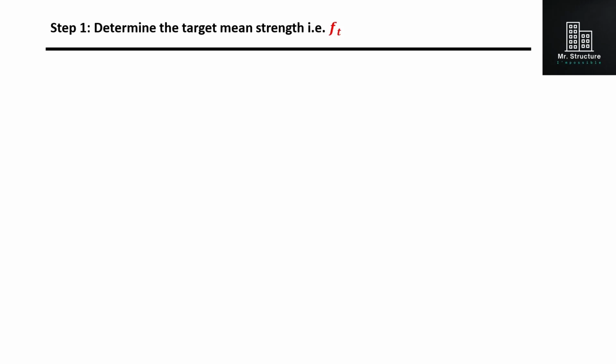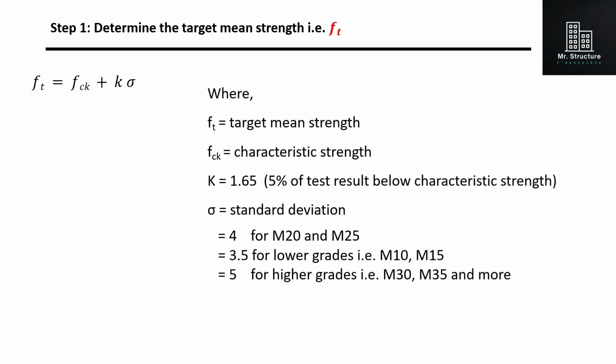This value of target mean strength can be calculated by using the formula Ft = Fck + K × sigma, where Fck is the characteristic strength, Ft is the target mean strength, and K is a constant equal to 1.65 for the condition we are considering, that is, 5% of the test results are only below the characteristic strength and no more than that.